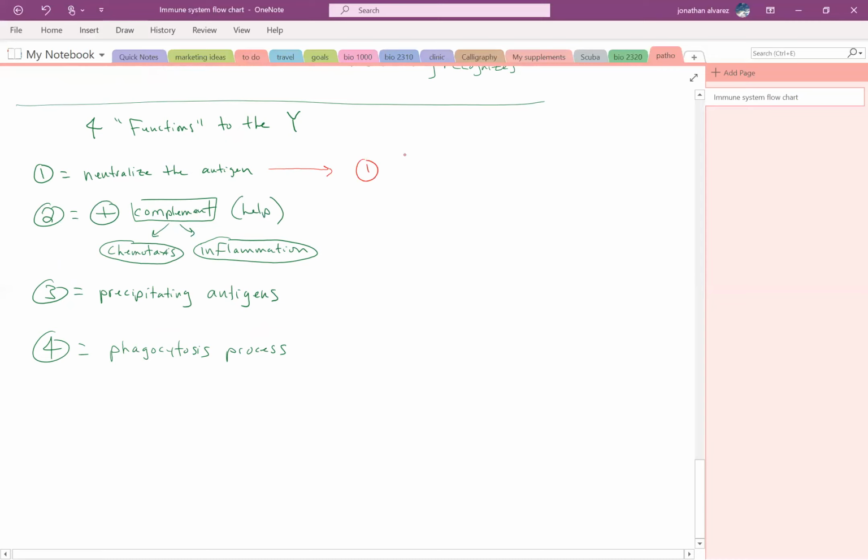There's your antigen. There's your free-floating antibody through the bloodstream. And then they bind. So now we are neutralizing it. That is called the antigen-antibody complex.